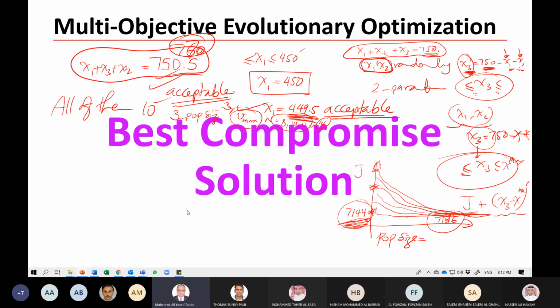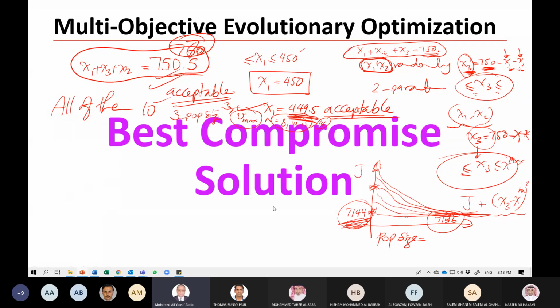In general, for multi-objective optimization, we need a clustering algorithm, which was discussed last time, and also the best compromise solution. After getting the Pareto optimal set, you need to introduce to the decision maker the best compromise solution among all the objectives.